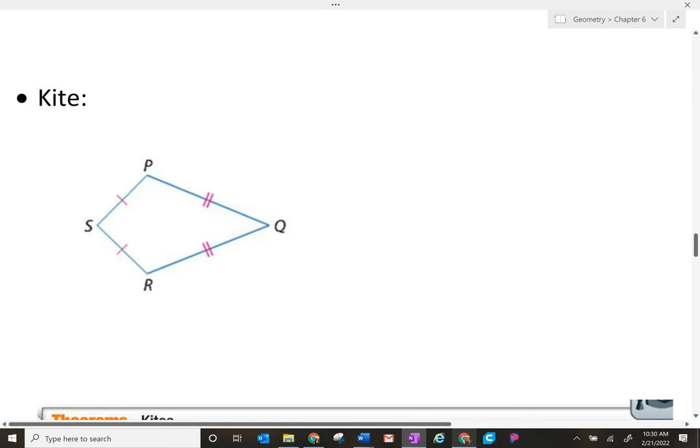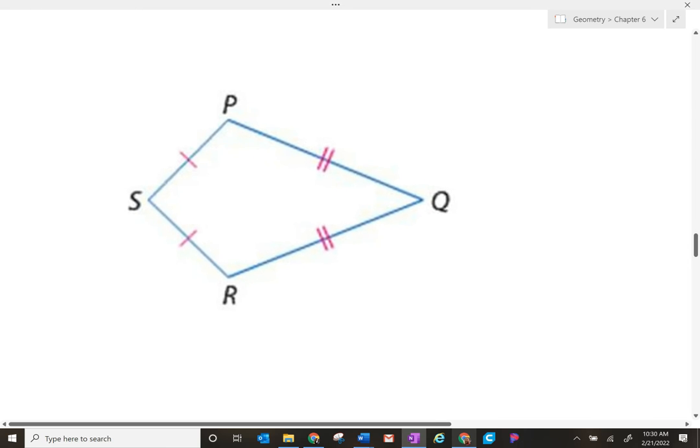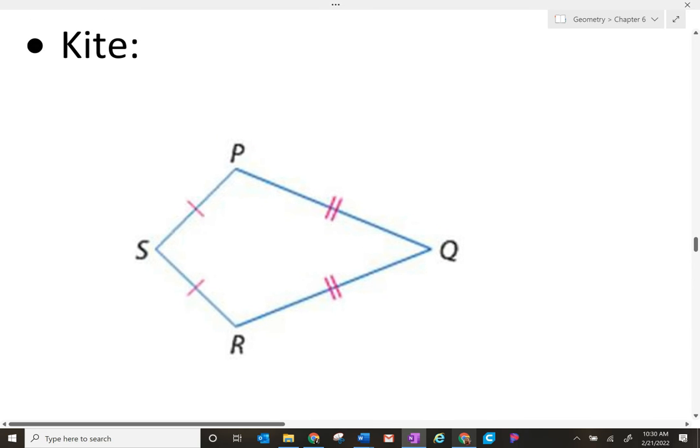A kite is defined. I'll give you the name for that. A kite is defined by having the exact same 2 bottom measures and the exact same 2 top measures.